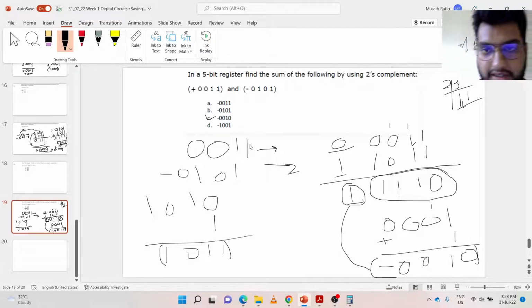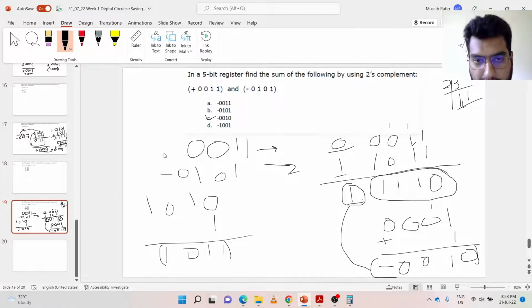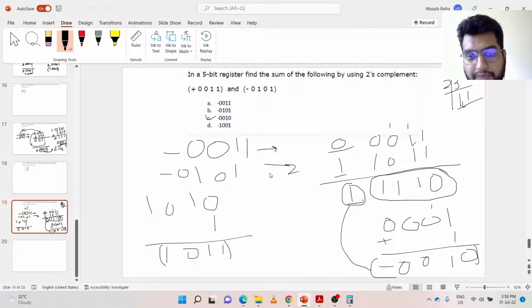I'll repeat it again. What I did here is I took the positive number 0, 0, 1, 1, and took its 5-bit representation, where 0 here represents the sign. Then I took the negative number minus 0, 1, 0, 1 and its 2's complement, which is 1, 0, 1, 1. How did I find the 2's complement? I first found the 1's complement, that is 1, 0, 1, 0, and added 1 to the LSB.